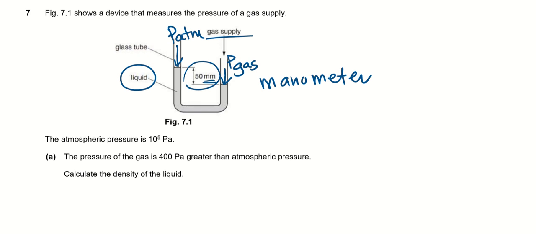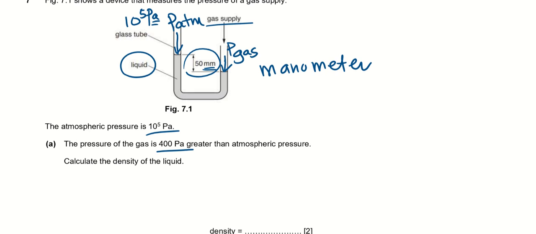Atmospheric pressure is 10 to the power 5 Pascal, which is given. The pressure of the gas is 400 Pascal greater than atmospheric pressure. So calculate the density of the liquid. What is the gas pressure?